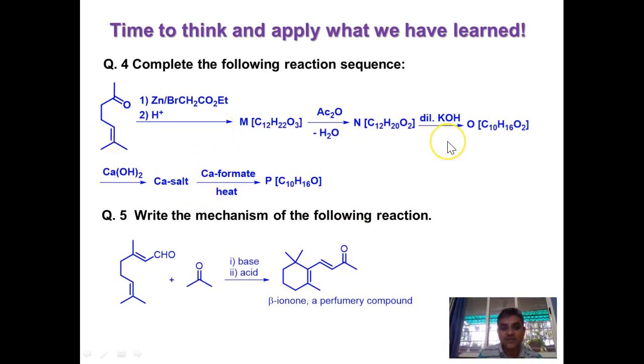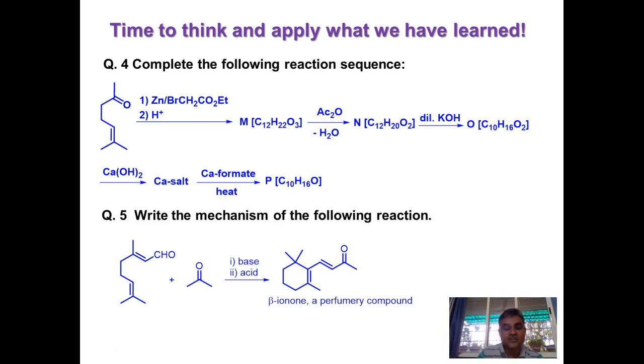The same applies here, and the last one is about the mechanism of this beta ionone formation, because very basic reactions are involved and the students should know about it. That's aldol condensation and the carbocation reactions involved in the acid catalyzed cyclization to form the beta ionone molecule.